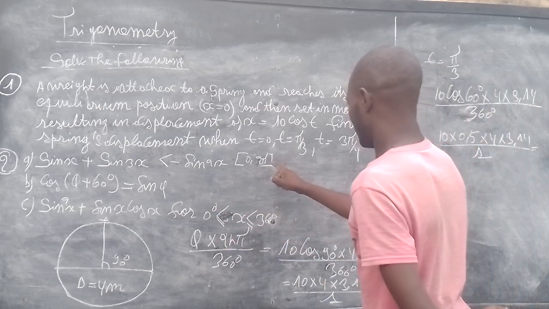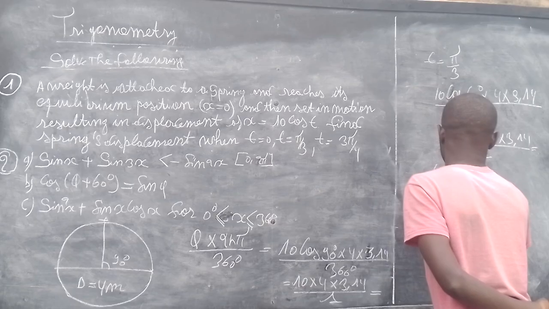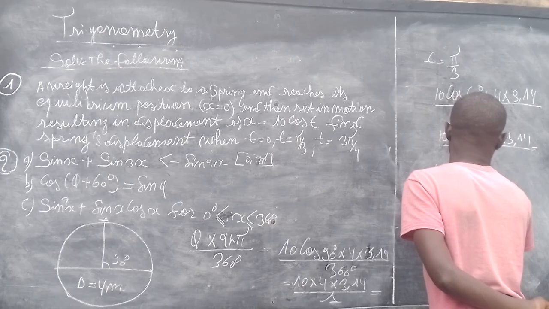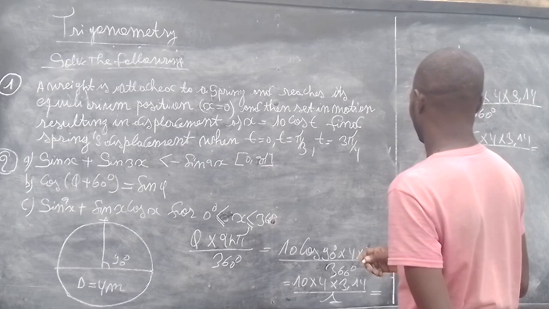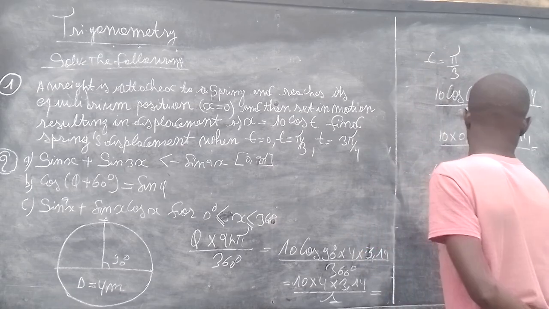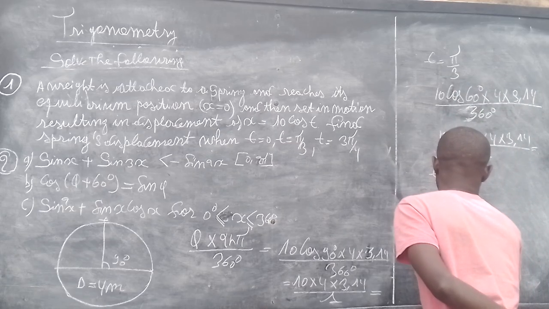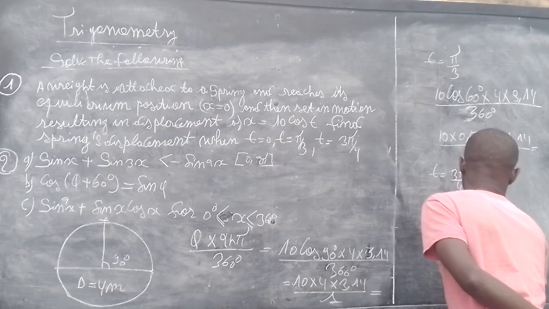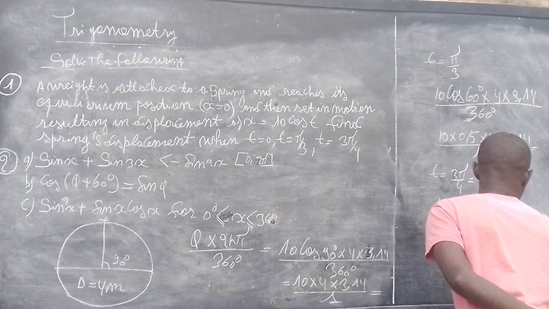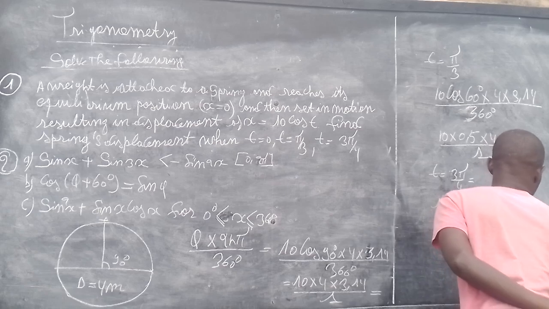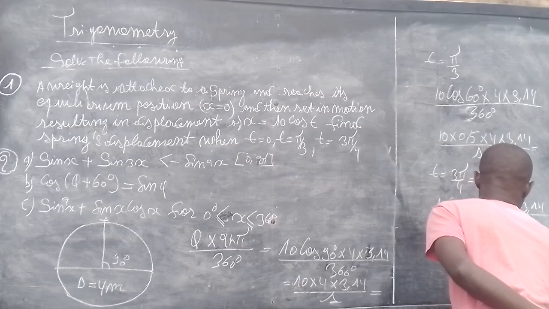So the last sub-question, t equals 3 pi over 4. Here you see that we will have 10 cosine of 135 degrees times 4 times 3.14 over 360 degrees.